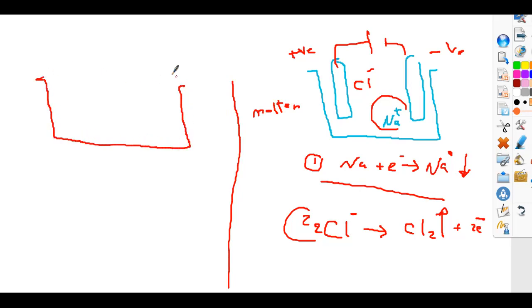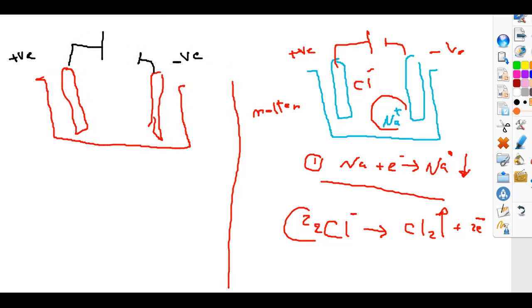When we electrolyze an aqueous solution, when the electrolyte is an aqueous solution, let's see the difference. Here we have the negative cathode and the positive anode. Be focused.